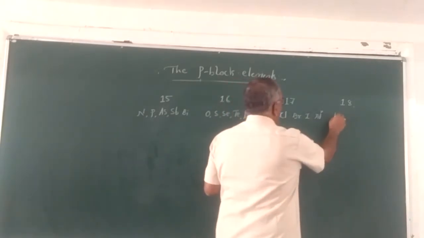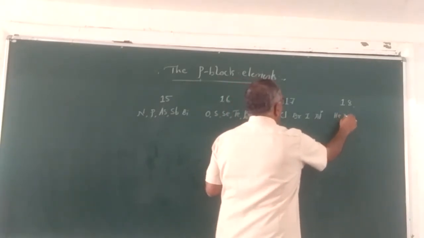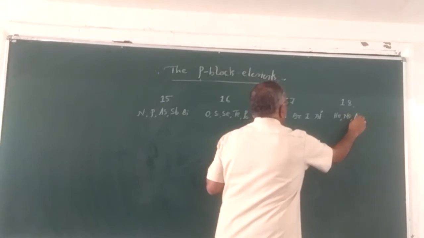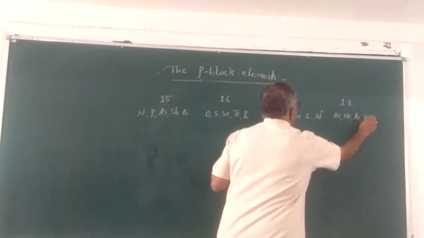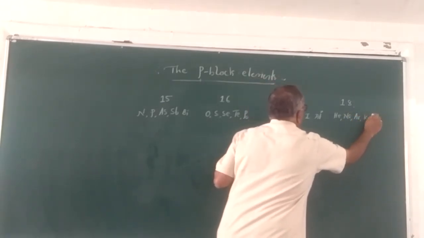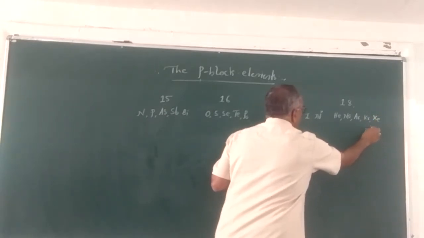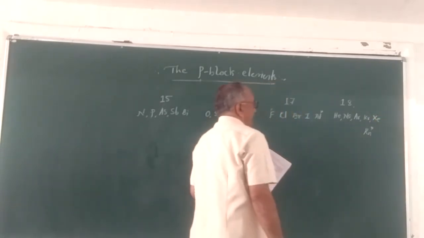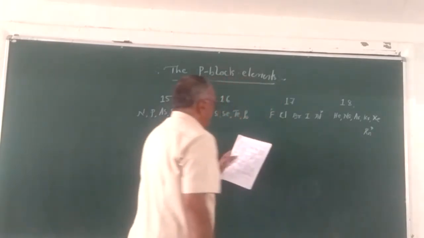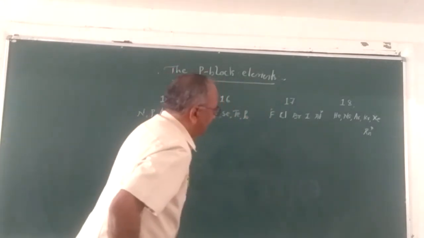The 18th group elements are helium, neon, argon, krypton, xenon and radon.